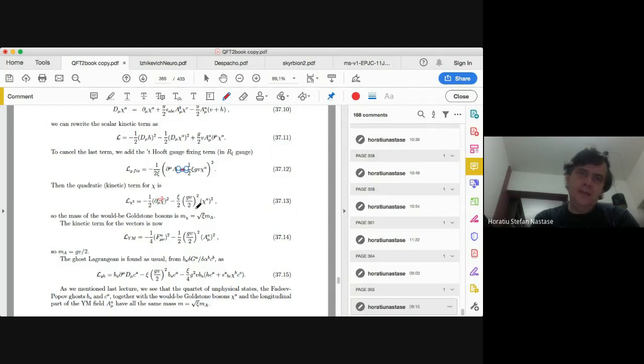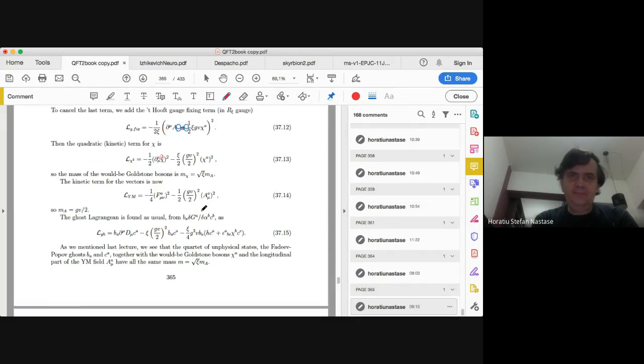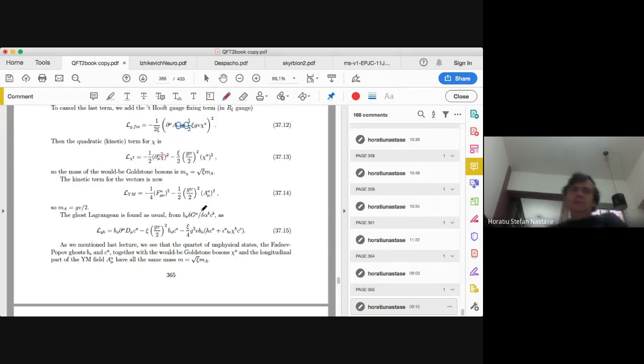So that means that, as usual, we have the mass of the Goldstone boson being square root of psi times this gv over 2, which is the mass of A. So the kinetic term for the vectors is the usual gauge invariant kinetic term, minus a quarter F_mu nu^a squared, then this mass term, minus a half (gv over 2) squared A_mu^a squared.